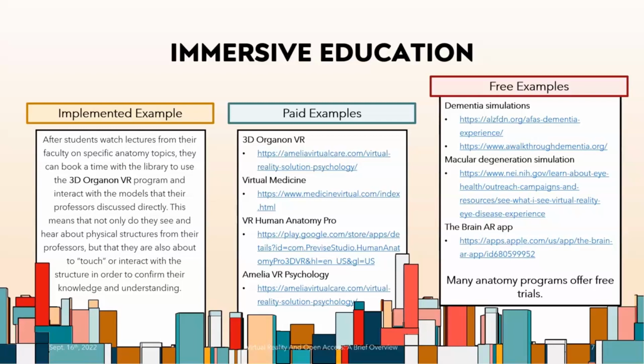I've noticed a lot of free anatomy apps are focused on specific parts of the body rather than the body as a whole. So if you're interested in free VR anatomy apps, you may look for ones focused on specific parts of the body. For example, the Brain AR app, of course, is focused only on the brain and does not include VR for the rest of the body.